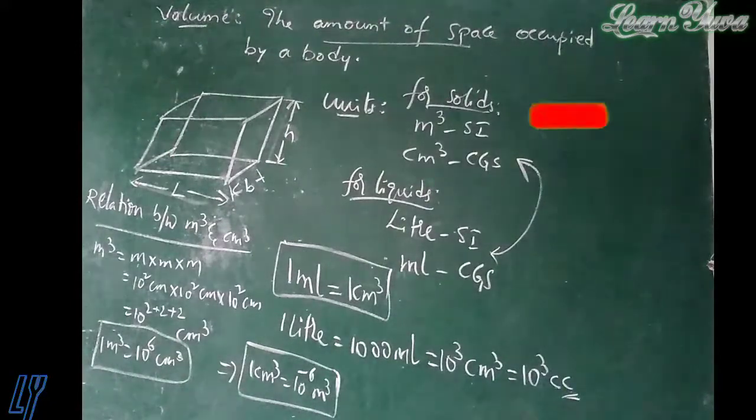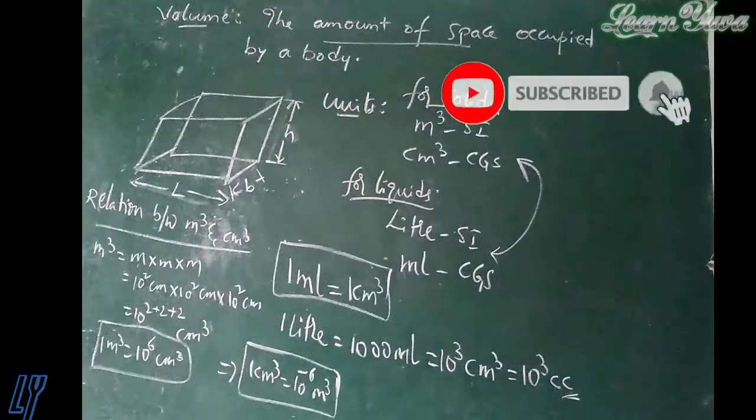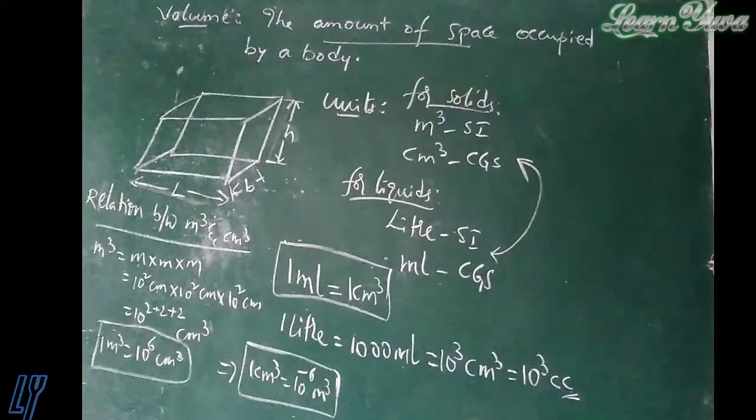Okay, right? So in this way we can do the conversion. The volume of liquids can be measured with the help of some measuring containers. As you know, liquids don't have any shape of their own, but they take the shape of the container.